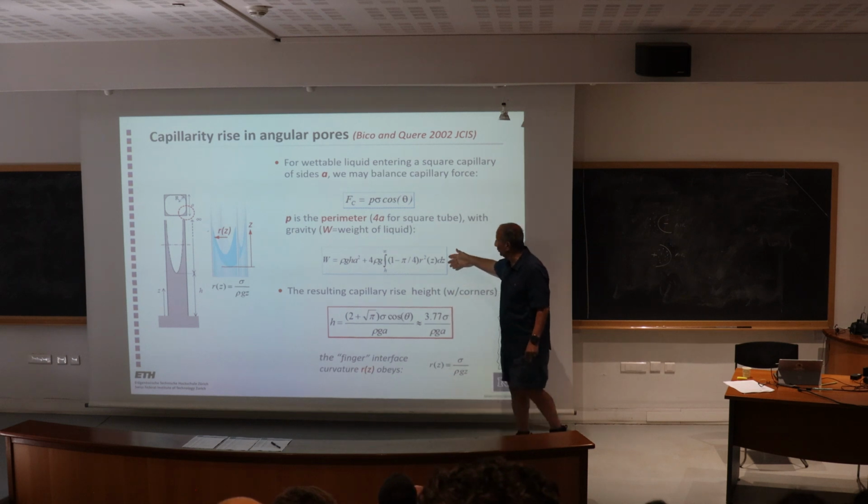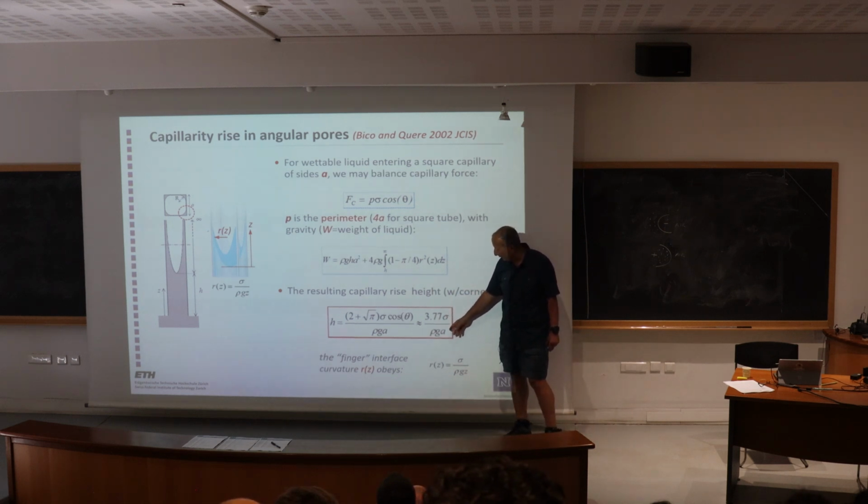You do all this calculation and you end up with 3.77 sigma over rho g a. If you remember, in a cylindrical capillary, it was a factor of 2 here. They dropped the cosine theta because they assume it's completely wettable, but it's not a problem.